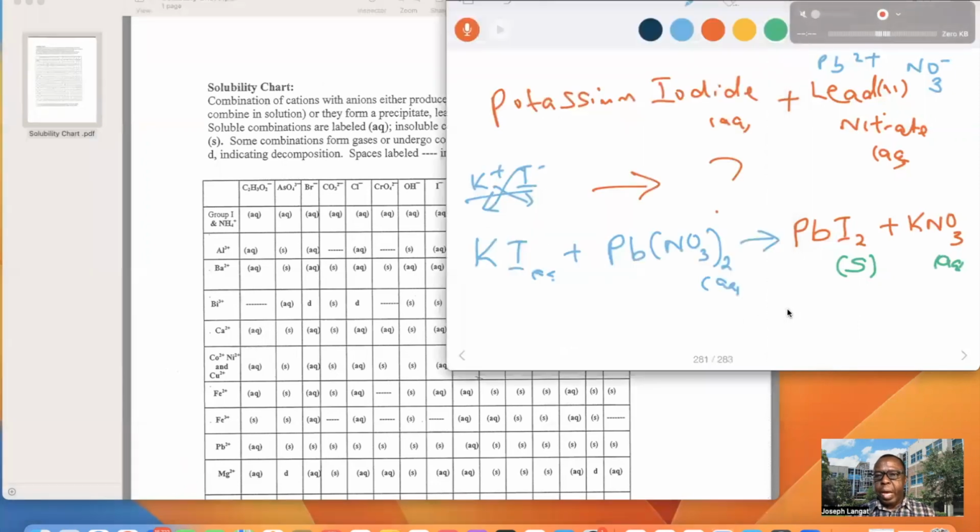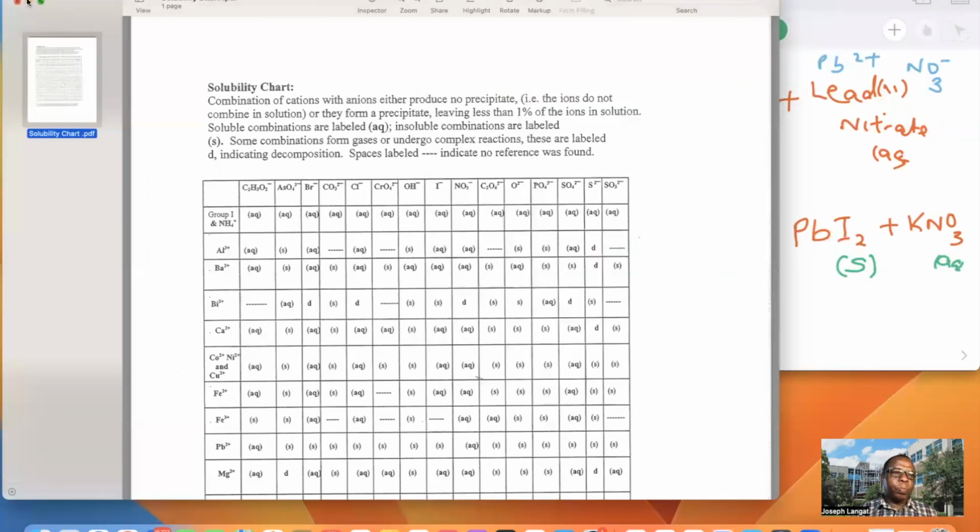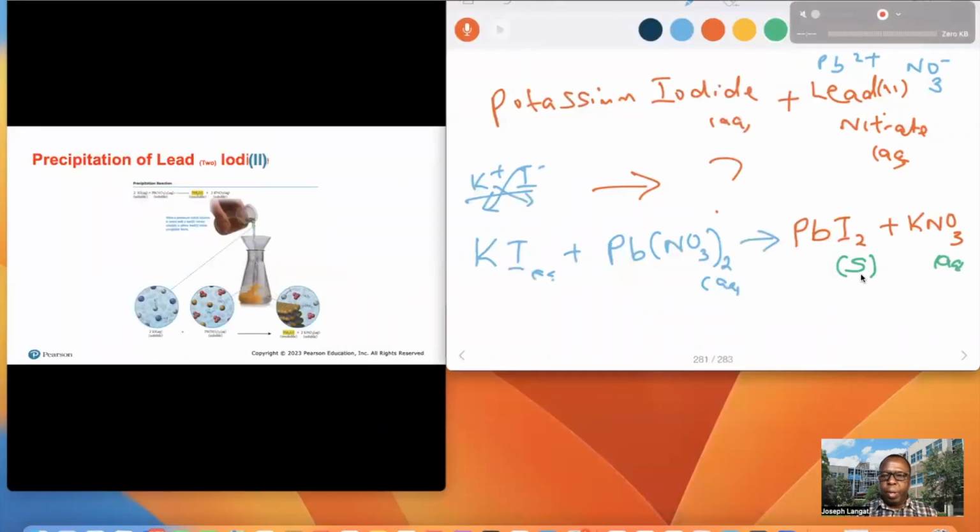So where we are right now with the equation is, once you write the correct formulas for your products and identify which one is solid and which one is aqueous, you need to balance the equation to obey the law of conservation of mass. You see here, there is a 2 because of the lead(II) here, so we need a 2 in front of potassium iodide.